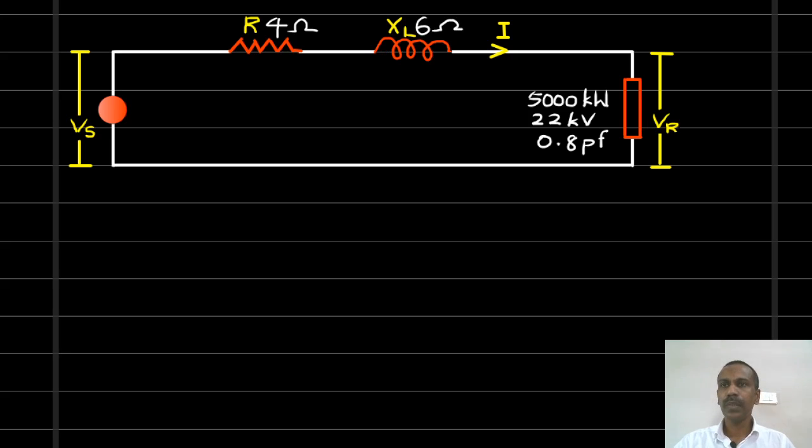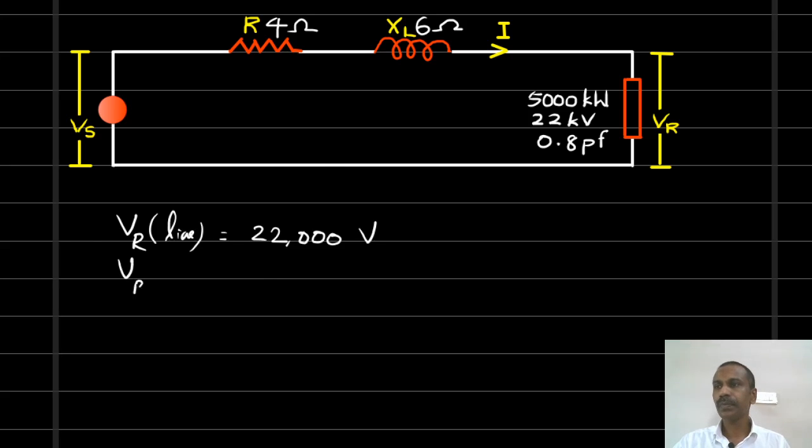Now let us write the receiving end voltage. The voltage is given, this is equal to 22 kilovolt, that is 22,000 volt. The voltage given in the problem is the line value. We need to write the phase voltage.